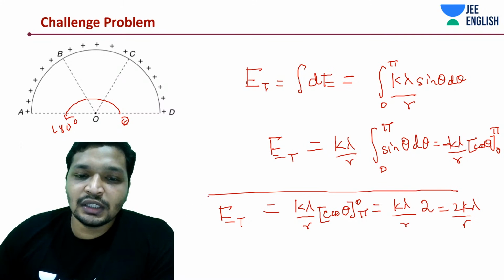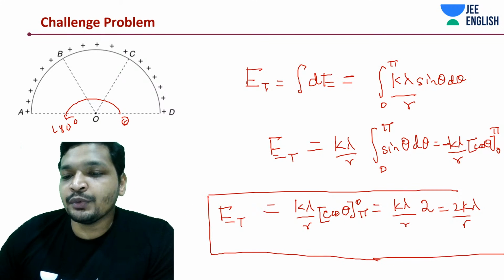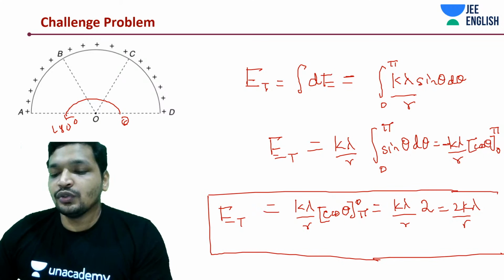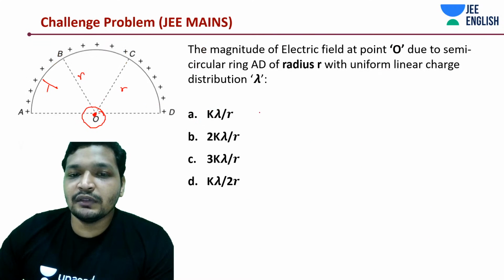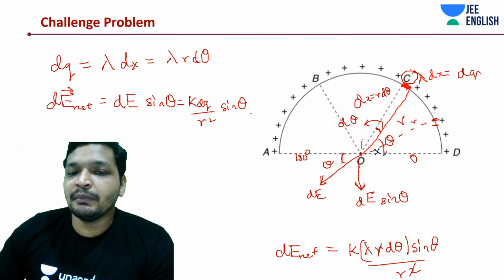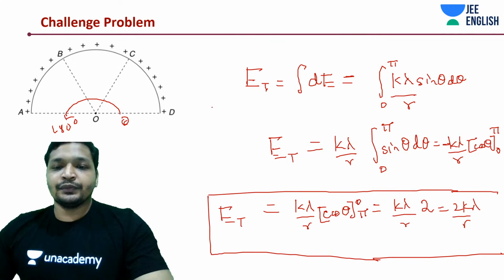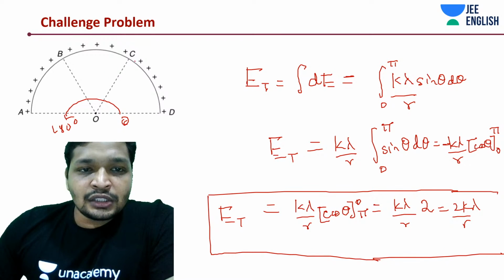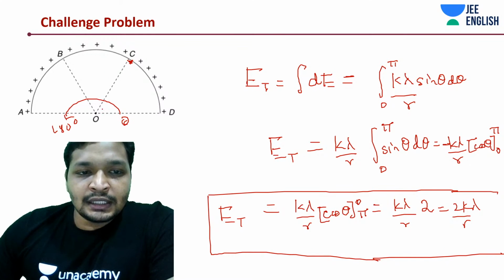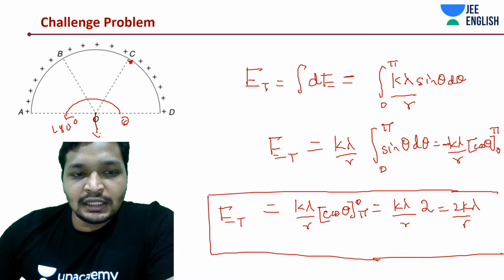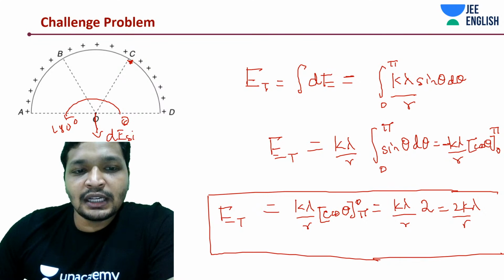You already understood the direction, but your question was around minus j. So this was given, and there was something like j cap, minus j cap, i cap, and minus i cap. Let's talk about the direction. We understood everything is in this dE sine theta direction. What is the direction, guys?